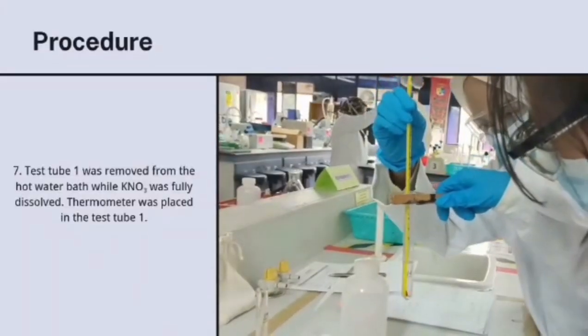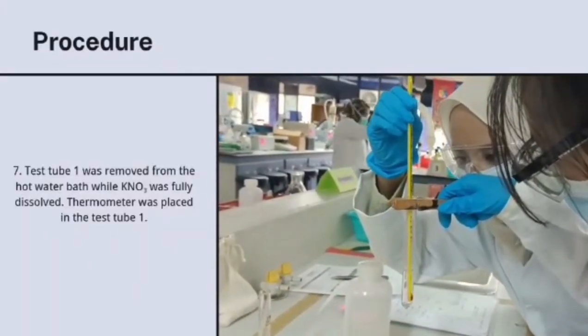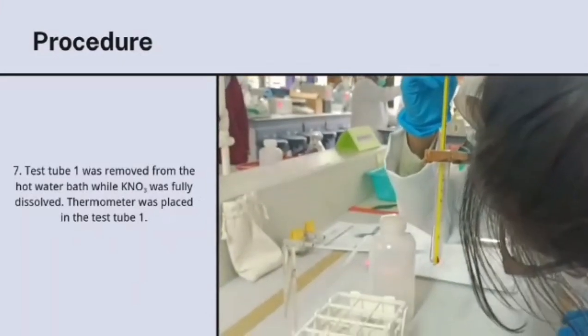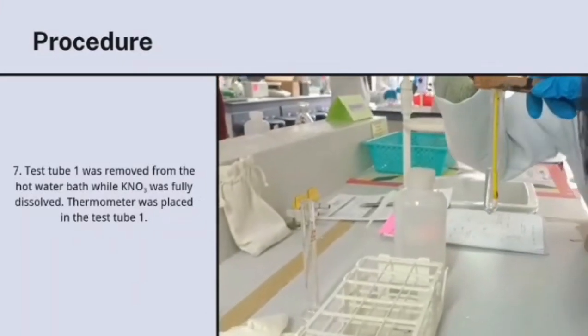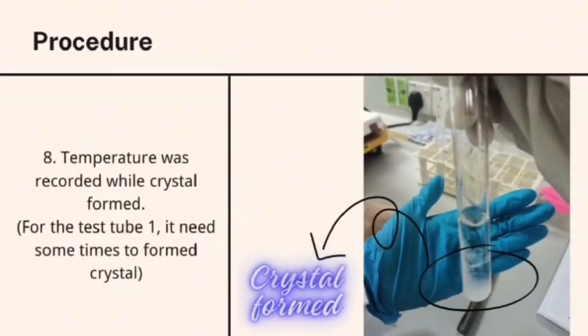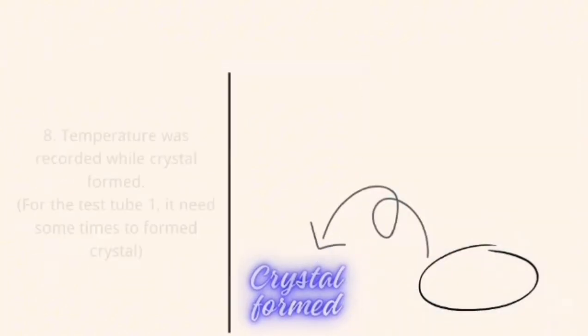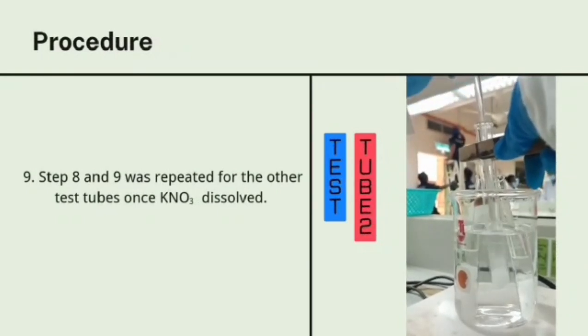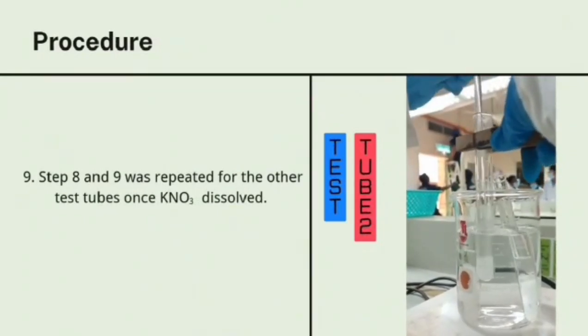Test tube 1 was removed from the hot water bath once the KNO3 was fully dissolved. A thermometer was placed in test tube 1. Procedure 8. The temperature was recorded when crystals formed. Procedure 9. Steps 8 and 9 were repeated for the other test tubes once the KNO3 dissolved.